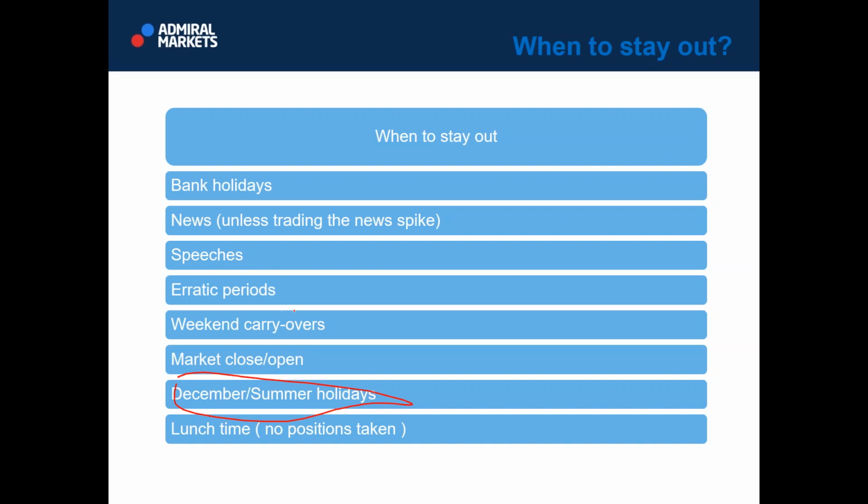Lunchtime is also very important, the lunchtime hour for each of the major markets, namely London, Tokyo, and New York. When there is a lunchtime, you will see signs of market reversal, because professional traders who have the ability to influence the market need to square their positions so they can go out for lunch.